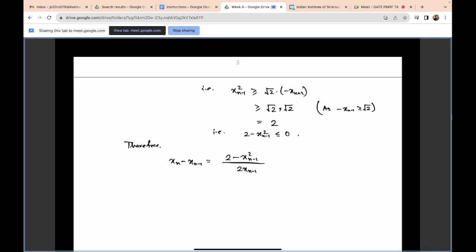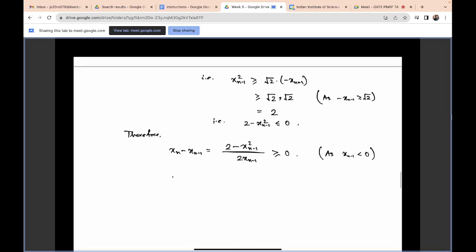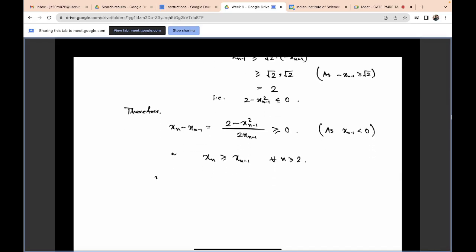The numerator is negative and the denominator is also negative, because in case 2 it is a negative sequence, so the ratio is greater than 0. That is the same as saying xn is greater than xn minus 1 for all n greater than 2, which means xn is monotonically increasing.